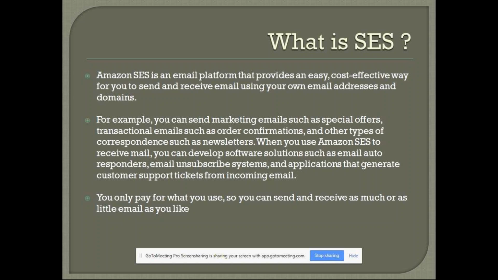For example, if you are getting an email and you want to keep it in an S3 bucket or in Amazon Glacier storage, the related emails will be redirected using this Lambda function.